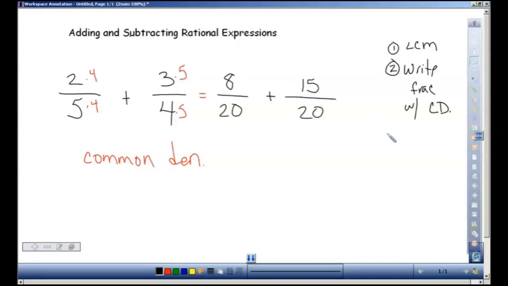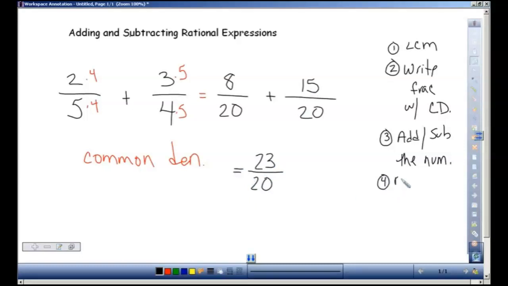After you've written them so that they have a common denominator, our third step is to add or subtract the numerators. Please realize, once you have your common denominator, that's your denominator. You're not going to change that. Make sure it stays the common denominator. So I'm going to have something over 20. What over 20 am I going to have? 8 plus 15 is 23. So we have 23 twentieths.